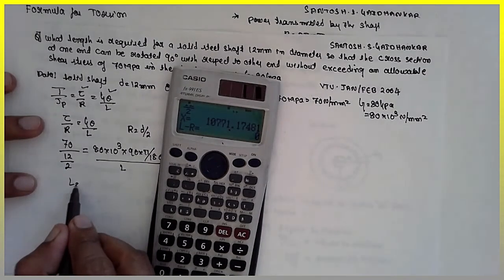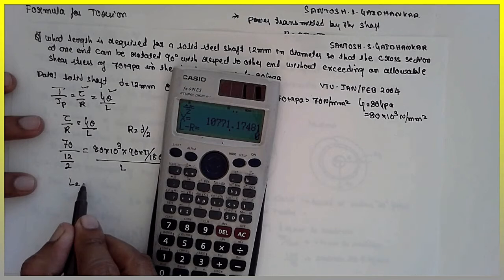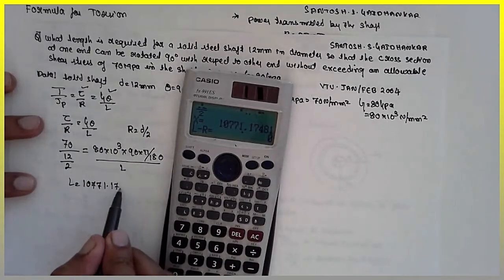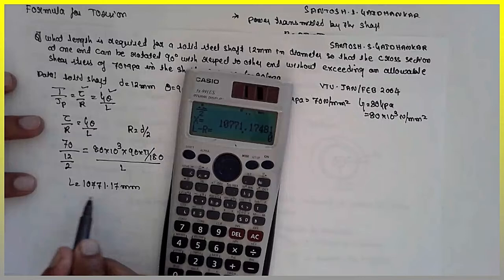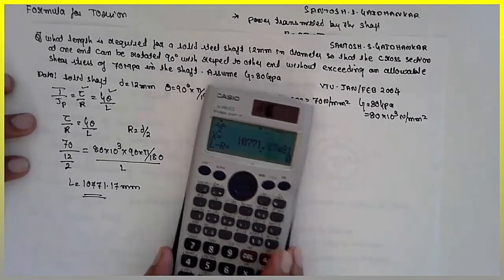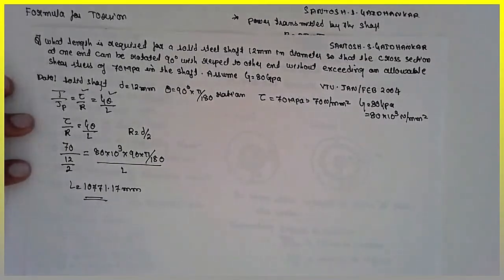L is equal to 1077.17 mm. In this way, you have to solve the problem by using the torsion equation. I am Santosh Gaidhankar. Thank you very much.